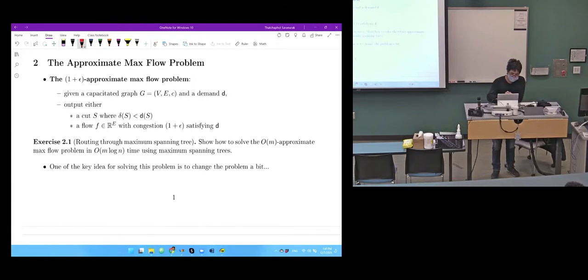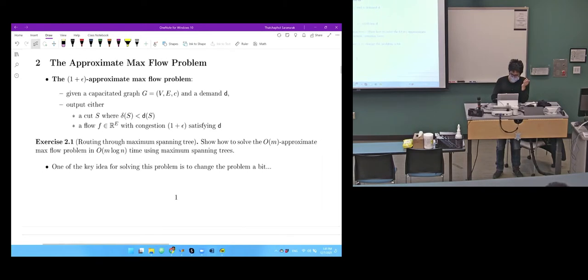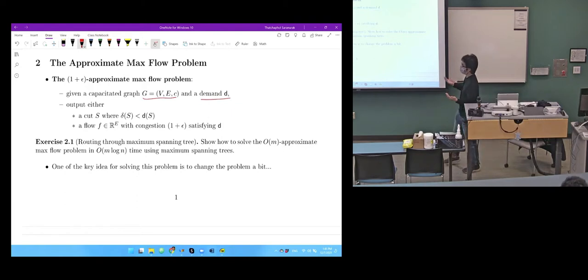The problem that we will look at is this. You're given a graph and the demand. If you want to solve this exactly, you want to say either this is possible or not possible.